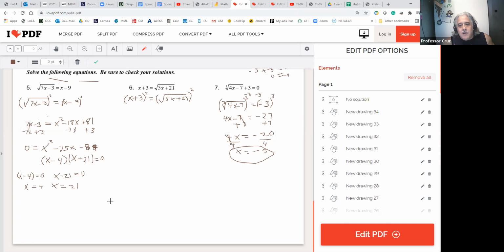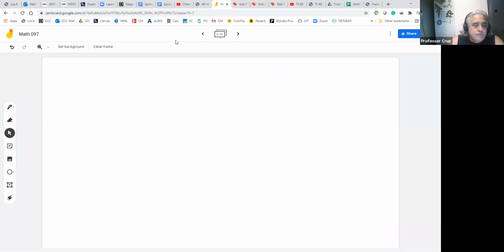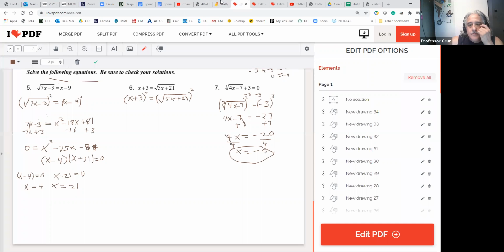All right, so are both of these solutions? There's not enough room here. I'm going to have to go over to the old jazz board. So square root of x, 7x minus 3.